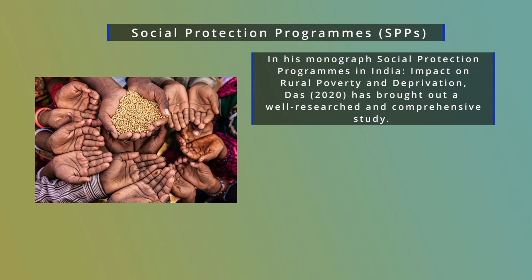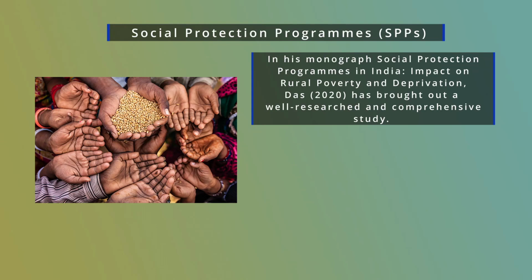The study pointed out that social protection programs are able to reduce poverty to a certain extent, as well as different forms of deprivation related to housing, drinking water, education, electricity, food security and nutrition. But the impact of social protection programs is limited and they are not able to overcome the problem of poverty and inequality in our country.